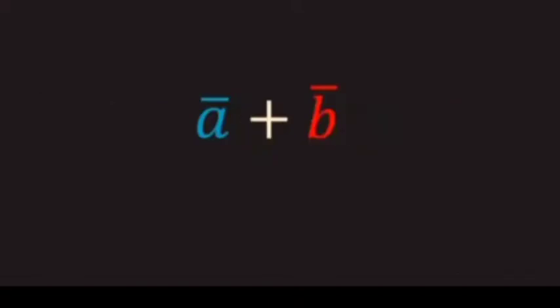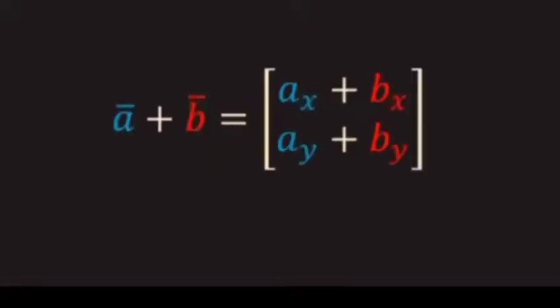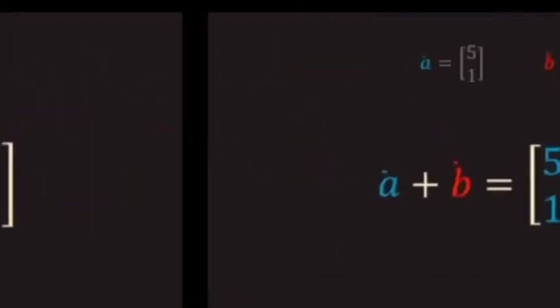Now let us move on to vector operations. So it is possible to add vectors. Let's say we have vectors A and B. If we are going to do that, just like in scalar operations, we are going to put the elements of the vectors in a matrix and then add.